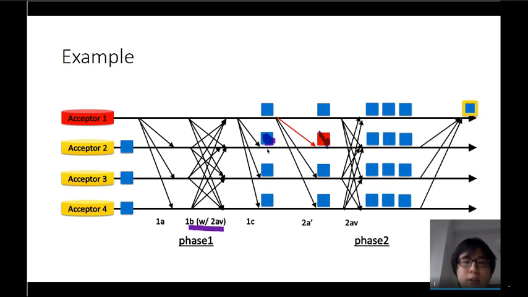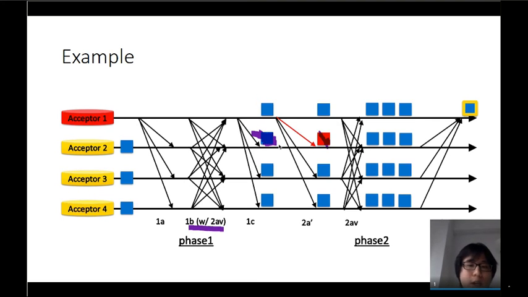So let's assume in phase 1C, acceptor 1 tries to lie to acceptor 2, and acceptor 2 receives the red value. It will compare with its phase 1B, and this value does not pass because the phase 1B it received does not match this phase 1C, so it can tell the lie in phase 1C.